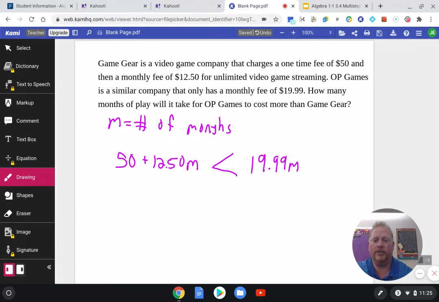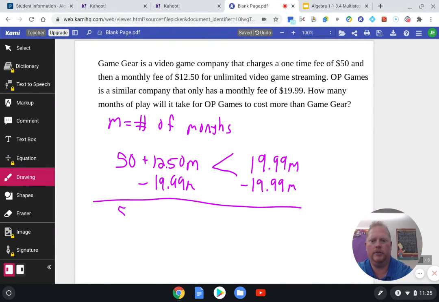So now let's go ahead and start solving. Let's subtract the 12.50, or actually, let's go ahead and subtract the 19.99, just because I like to get all my variables to the left-hand side. So I think that's negative 7.49m. Now over here, everything cancels out, so I have to put 0.